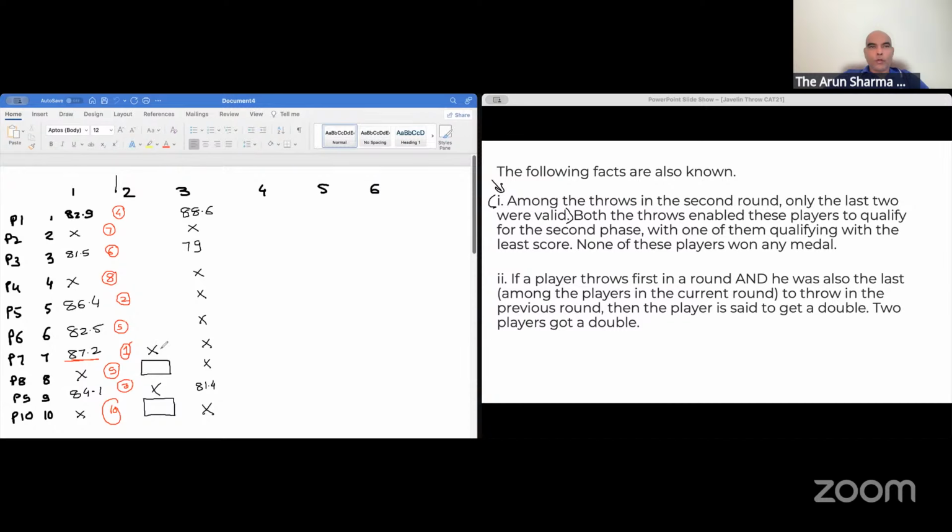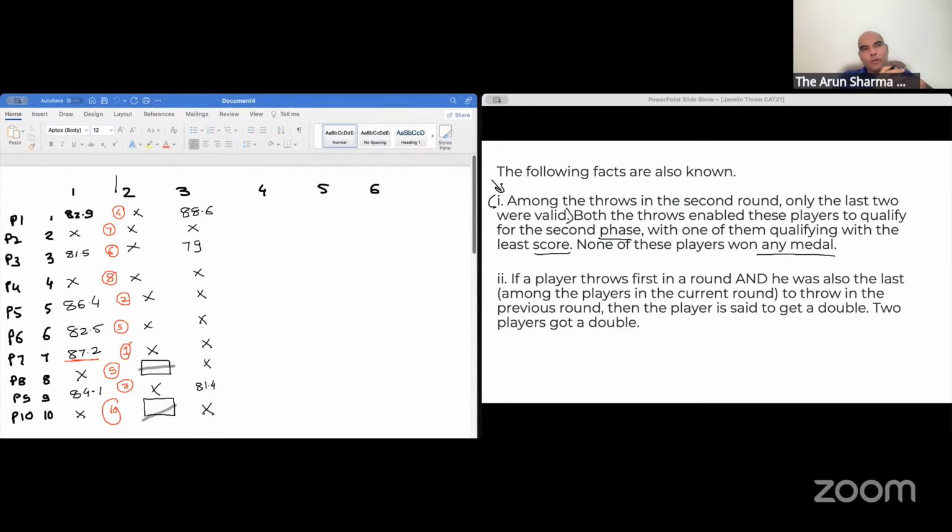So you don't need to bother much about any of the other scores. And both the throws enable these players to qualify for the second phase, with one of them qualifying with the least score. And none of these players won any medal. So both these scores have to be qualifying scores.